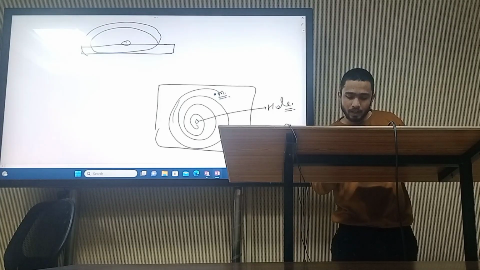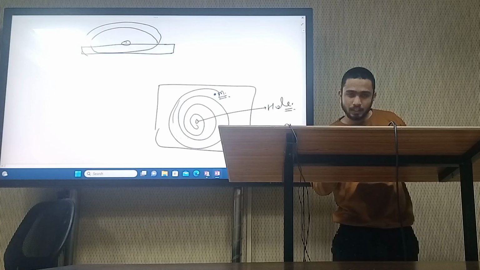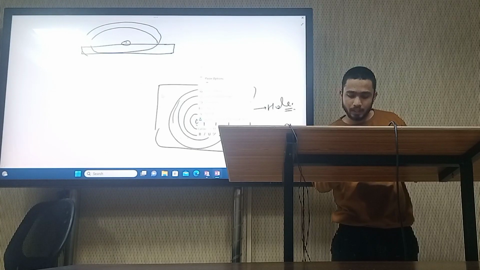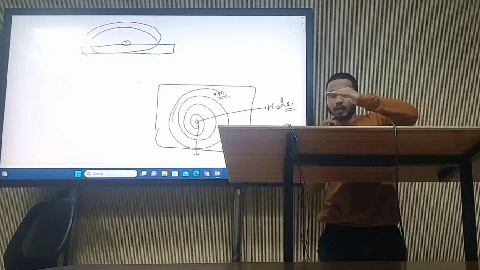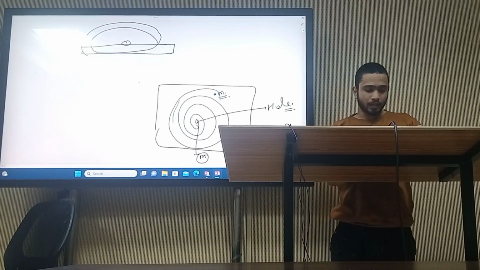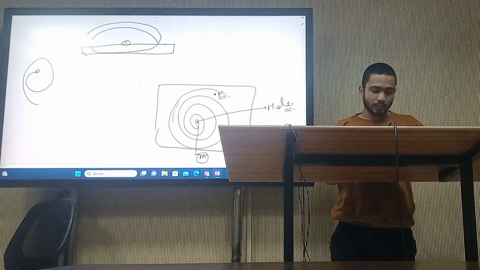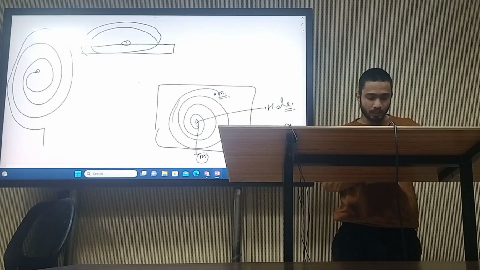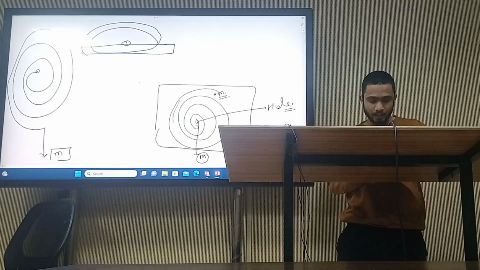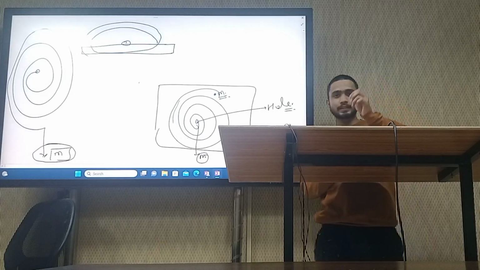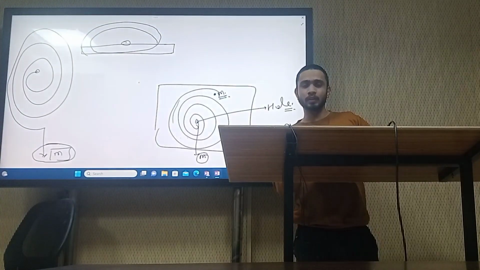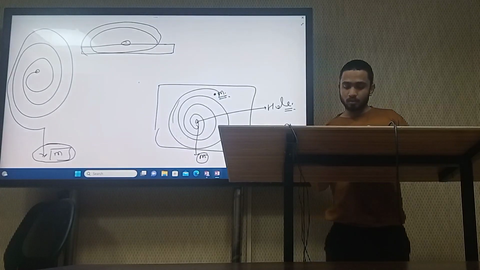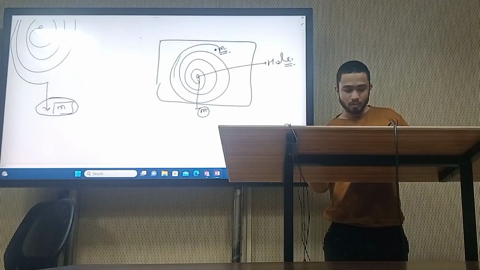It is connected with a thread. From the downside of the disc, again one particle of mass m is connected. So this whole assembly is connected by a thread. This mass m is connected and this thread is going like this. Now again mass m is connected, so this mass m will pull the upper mass.